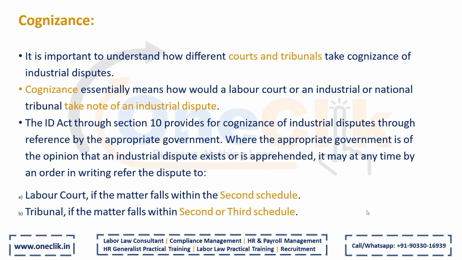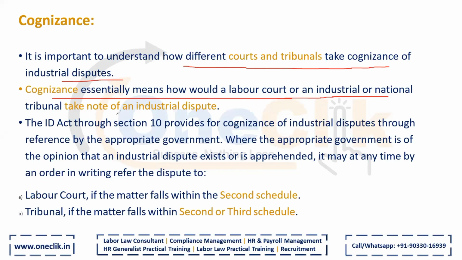Cognition of offense. How different courts and tribunals take cognition of industrial dispute? It essentially means how a labor court, tribunal, or national tribunal would take note of the industrial dispute.